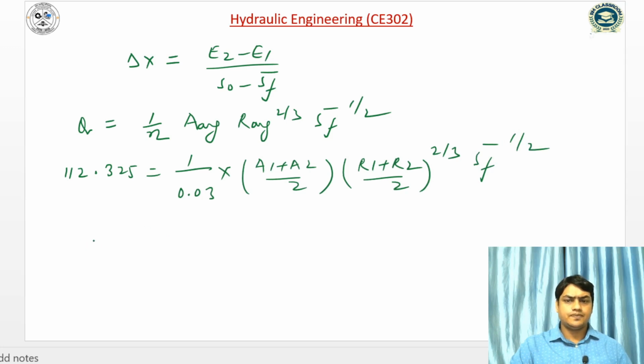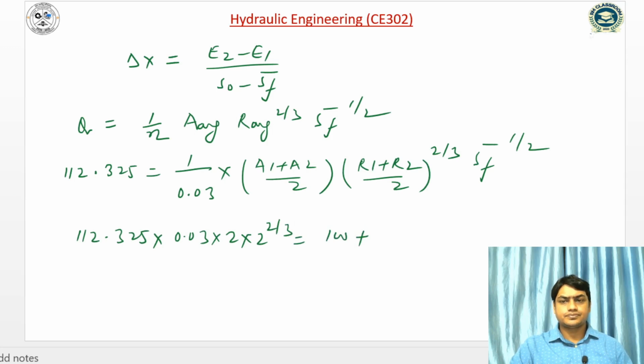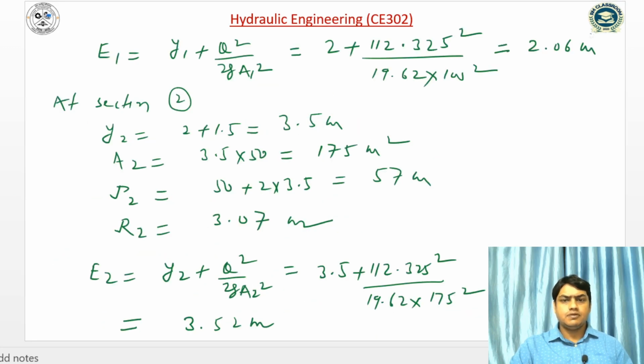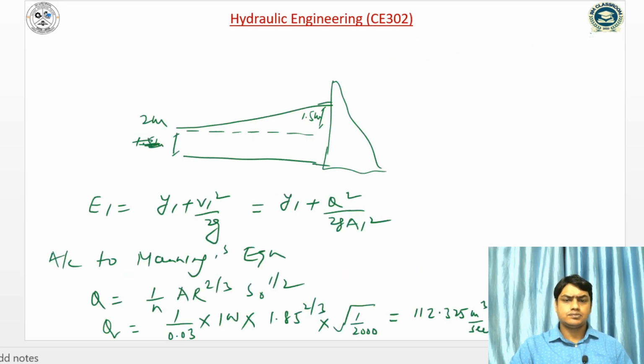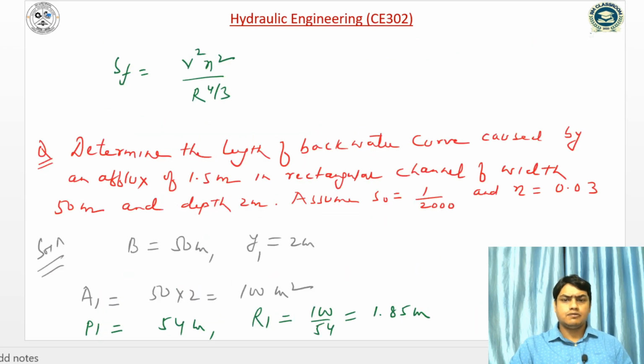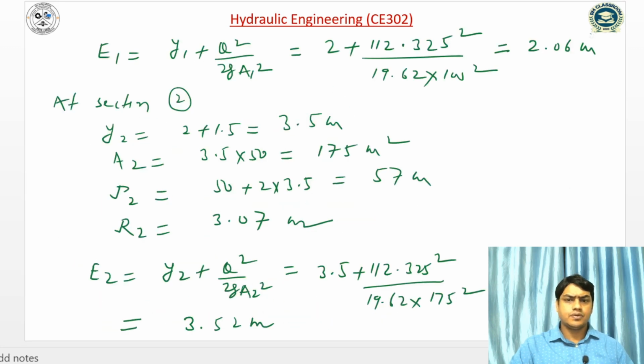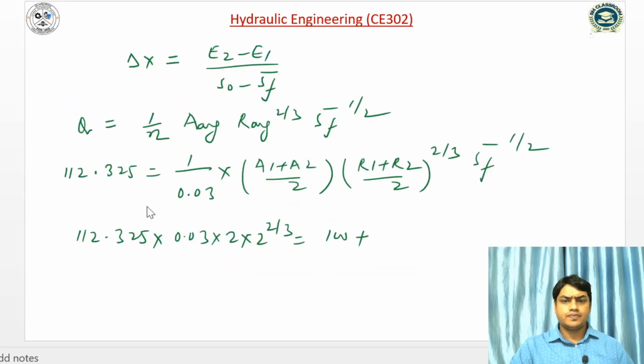So 112.325 into 0.03 into 2 into 2 to the power 2 by 3 is equal to A1 plus A2, where A1 is 100 and A2 is 175.